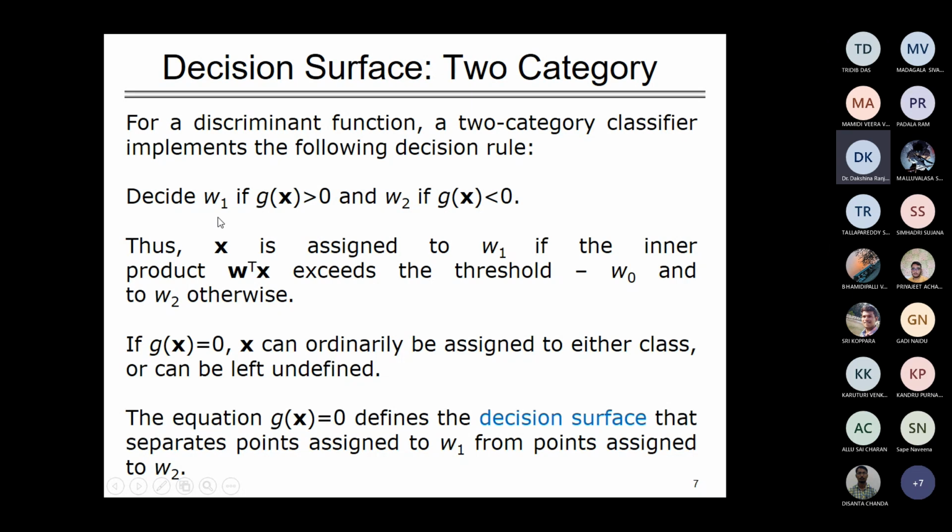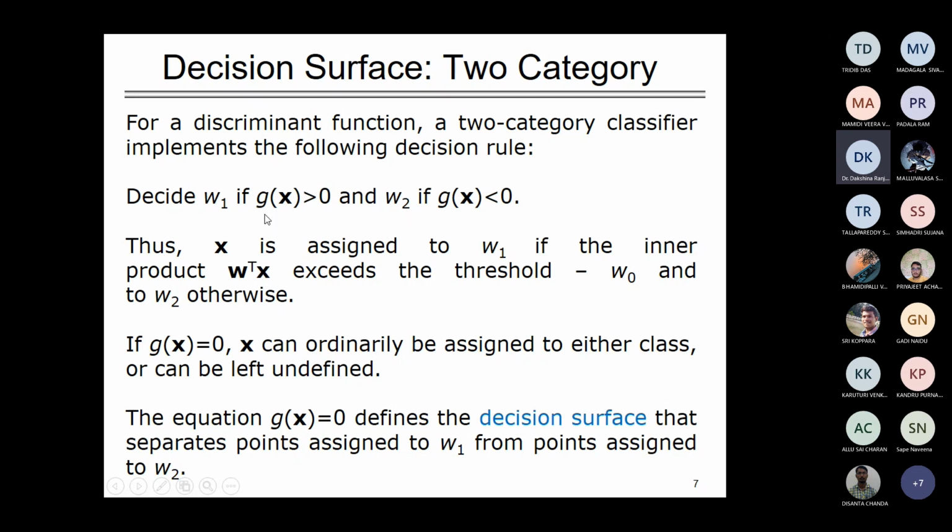Here w1 and w2 are two different classes, since we are considering the two-category case. We can consider w1 as the positive class and w2 as the negative class.